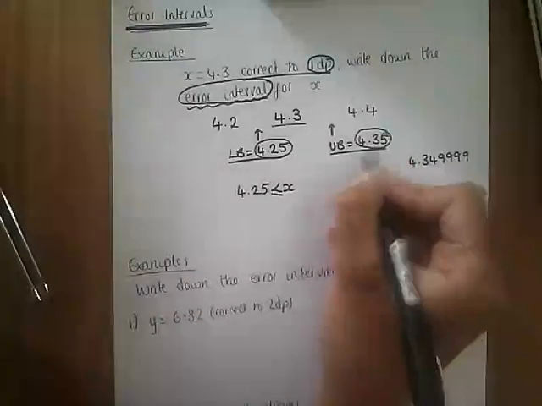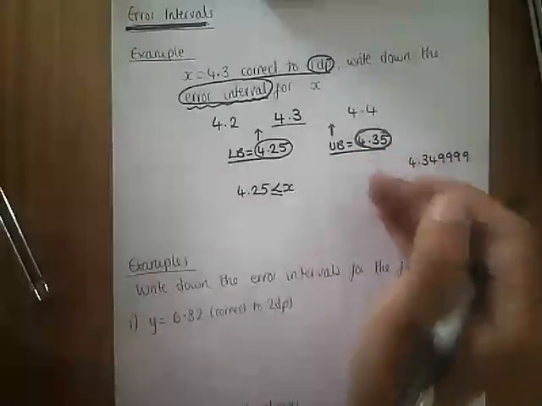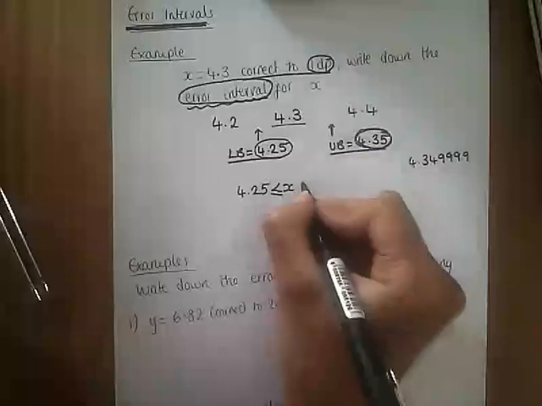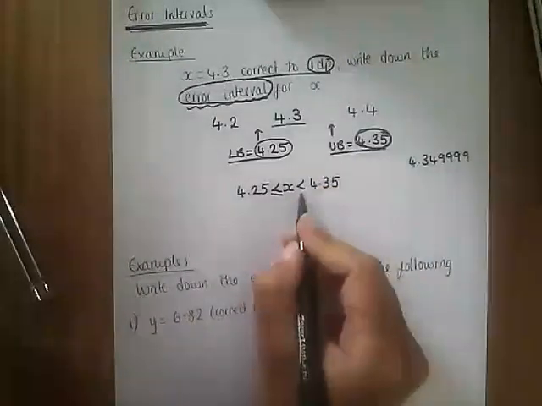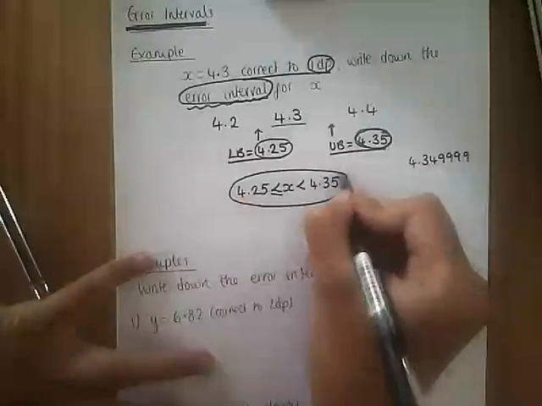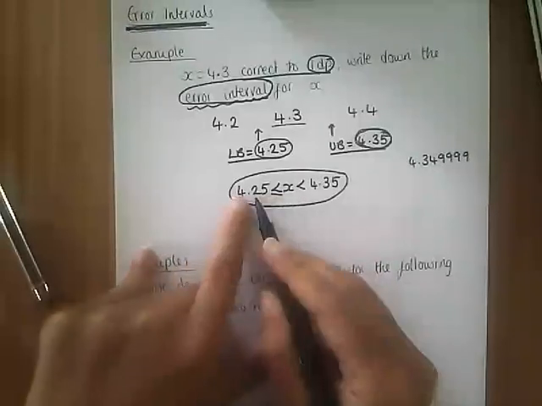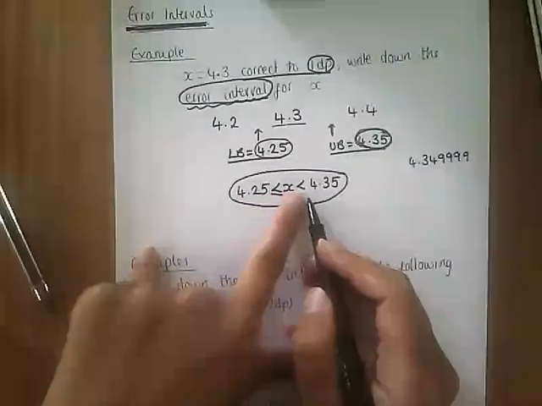But because we know it cannot be 4.35, it can be very, very close to, but not exactly 4.35, we say that x has got to be less than 4.35, but not equal to. Okay? Now, if you're quite good with inequalities, hopefully that will make sense. x is bigger than or equal to 4.25, but less than 4.35, and not equal to that.